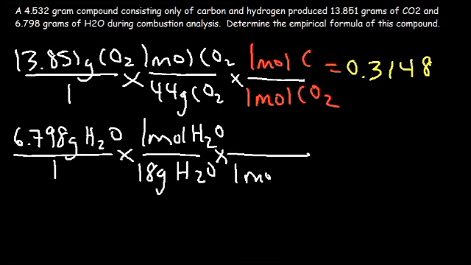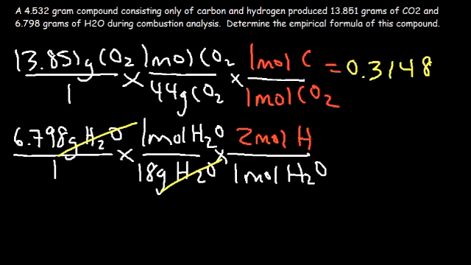So for every 1 mole of H2O, there's 2 moles of hydrogen atoms. It's a 1 to 2 ratio. And so these units cancel, and those units cancel. So 6.798 divided by 18 times 2, this is about 0.7553 for hydrogen, and this is for carbon.